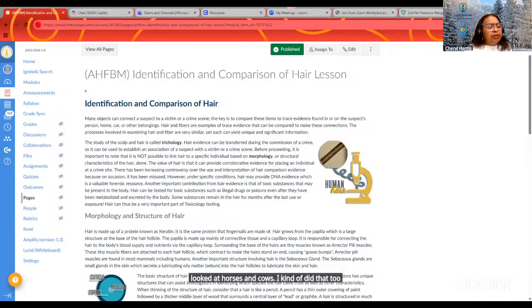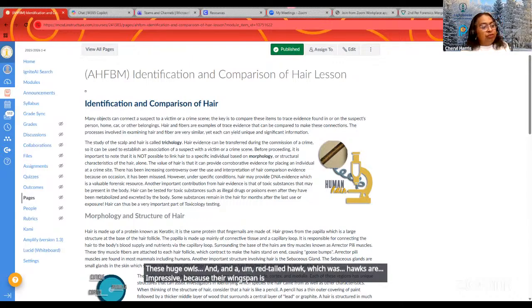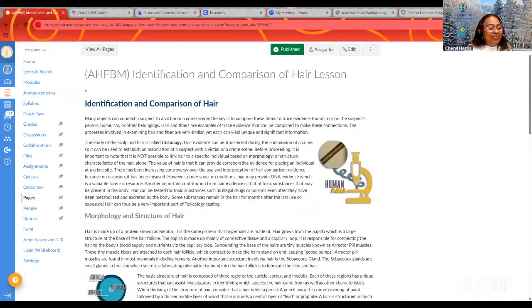And the place where I was staying had a birds of prey presentation. So I got to see these huge owls and a red-tailed hawk, which was impressive because their wingspan is just tremendous. And ate really good food.